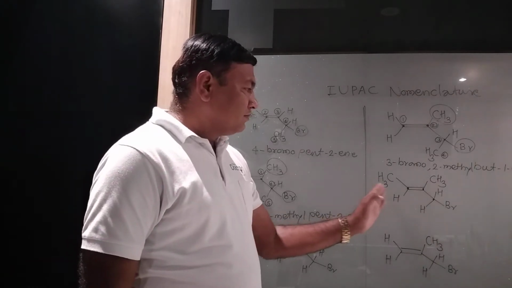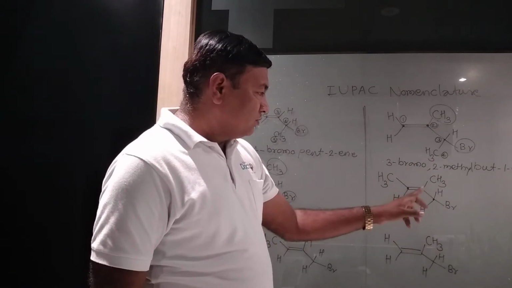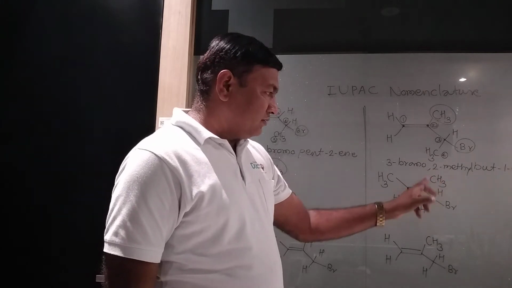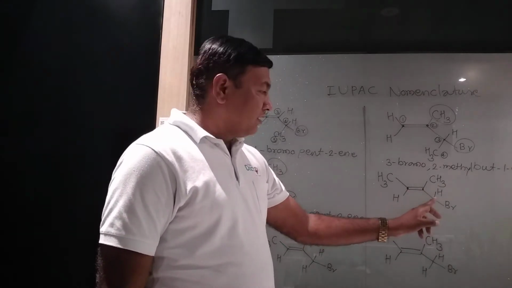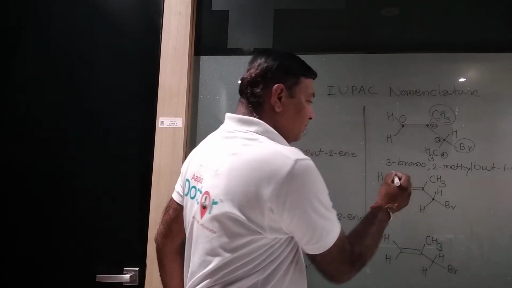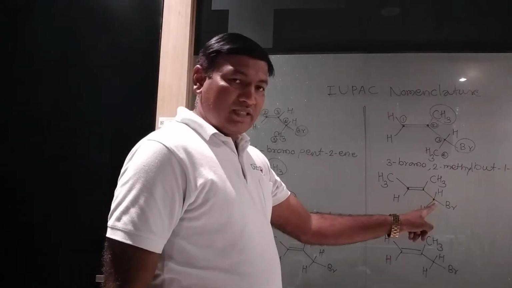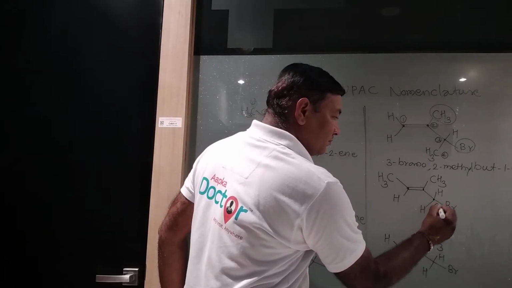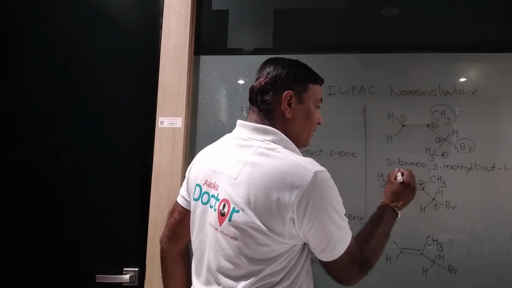For the next compound, select the longest chain carefully, 1 2 3 4, or 1 2 3 4. We could use this one also, but here there is no substituent, and the substituent is on the last carbon, so we have to think about this carbon, 1 2 3 4. Again the numbering is from this side or the lower side, because the number 1 carbon has a substituent. 1 2 3 and 4.